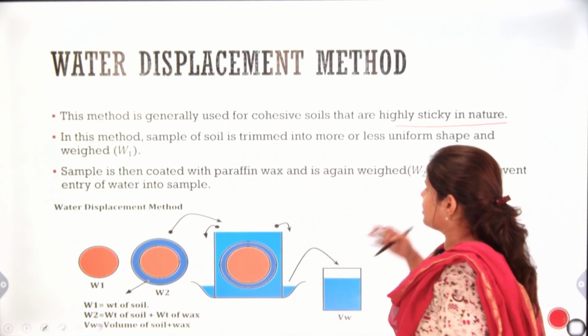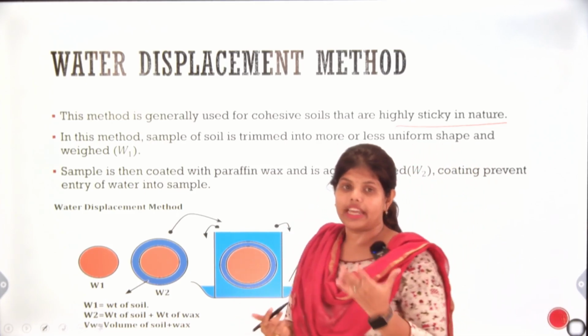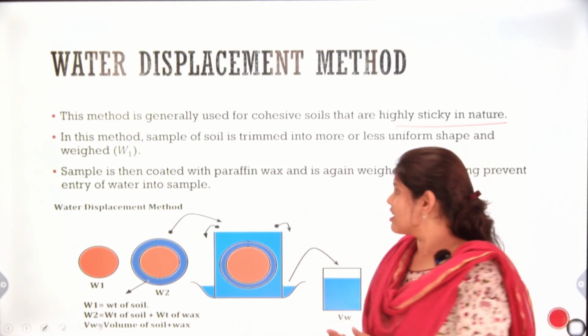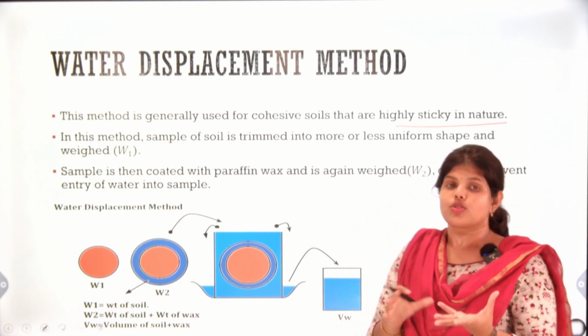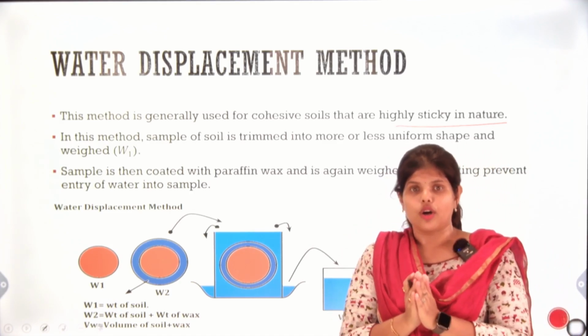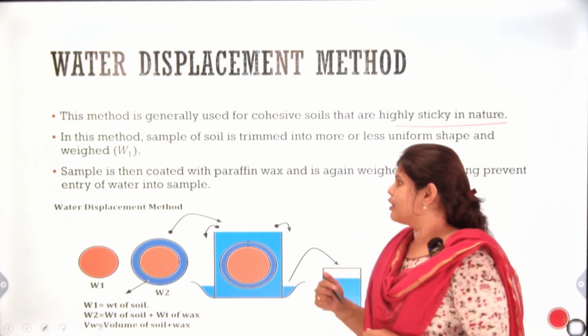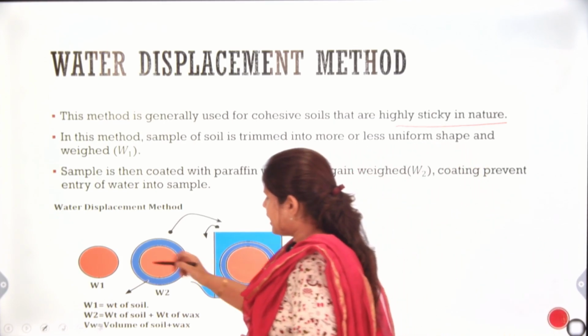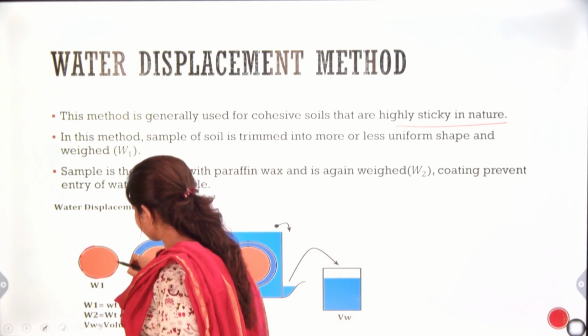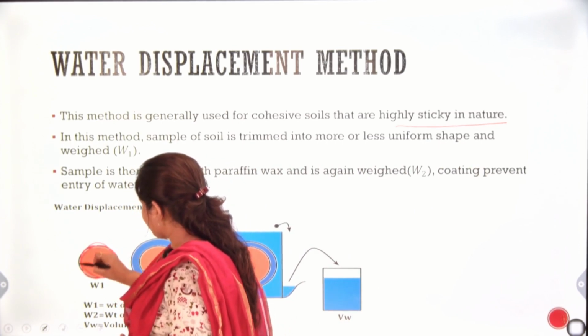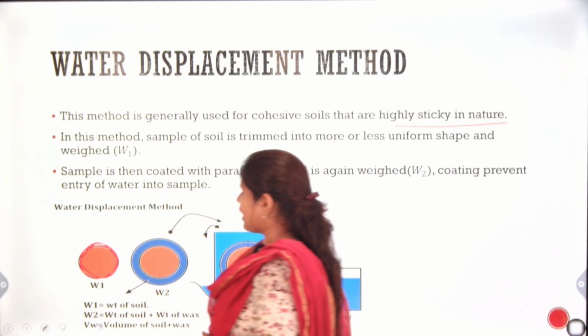So in this method, we will take a soil sample. As we are taking sticky soil, we will combine a lot of soil and place it into a proper shape. Like here we have given W1 a proper shape, okay.